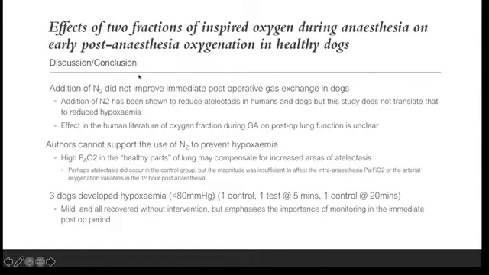So in terms of discussion and conclusion, the results do not support their hypothesis, which was that the animals breathing a lower fraction of oxygen would suffer less oxygenation crisis. They found that the addition of nitrogen did not improve the immediate post-operative gas exchange in dogs.